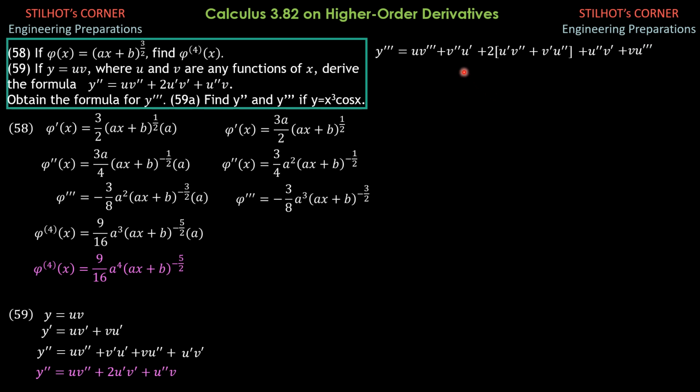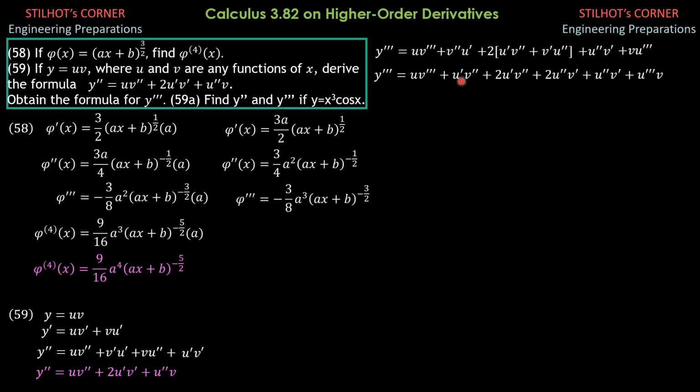Combining like terms, simplifying first, you have y triple prime is equal to u times v triple prime plus u prime v double prime plus 2u prime v double prime plus 2u double prime v prime plus u double prime v prime plus u triple prime v. So we have here this second and third terms are like terms.